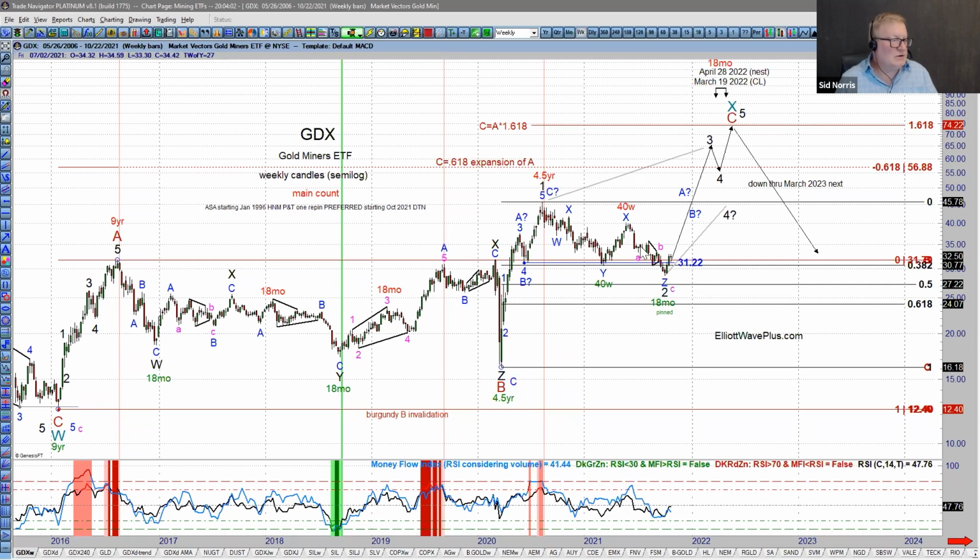Well, as it turned out, it didn't bottom until late September. But Hurst was saying, hey, there's an 18-month cycle trough due around in August still back over here. And all of that happened pretty much on cue.